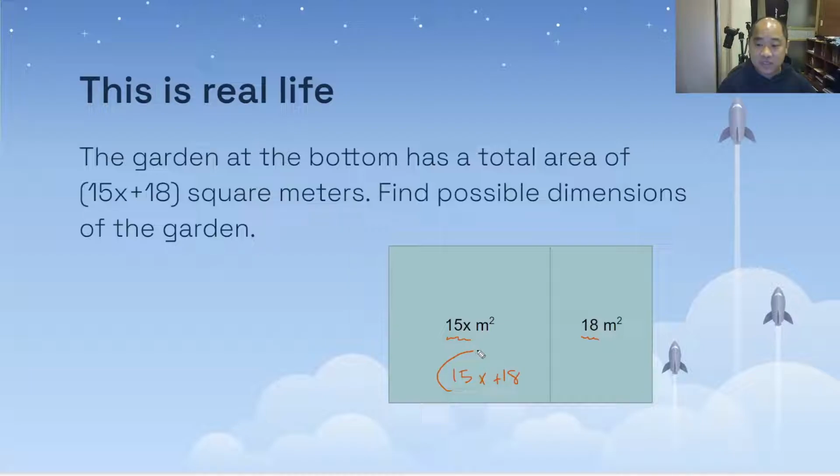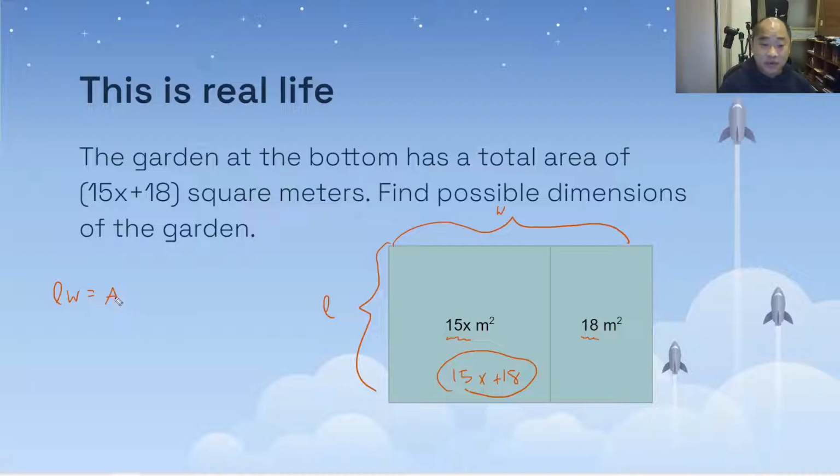And that gives us the area of this entire thing, these two pieces together. So we want to find the possible dimensions. Dimensions are this and this, which is basically length and width, right? And the area of this whole thing is then length times width. That's the area of a rectangle, right?